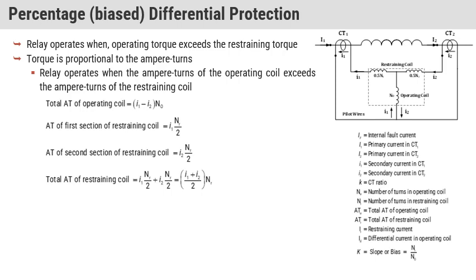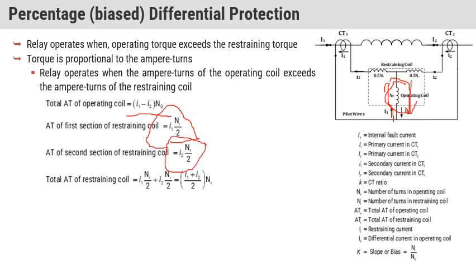You can see clearly here that the operating coil has a current I1 minus I2, where I1 is in this direction and I2 is in the opposite direction. The ampere turns of the first section of the restraining coil is I1 N1 by 2, and the AT of the second section of the restraining coil is I2 N2 by 2.